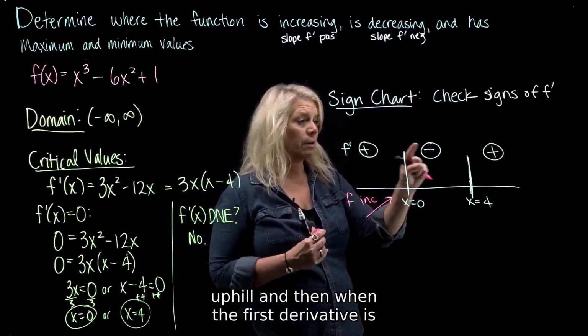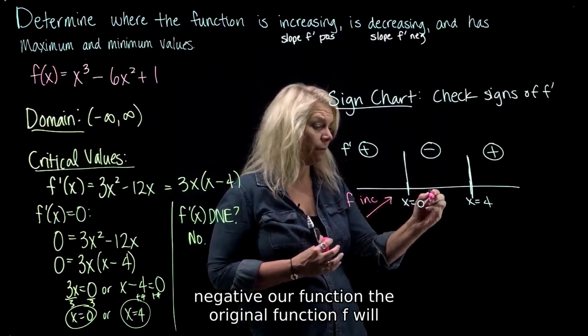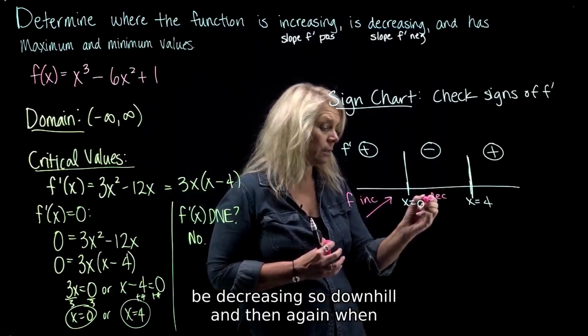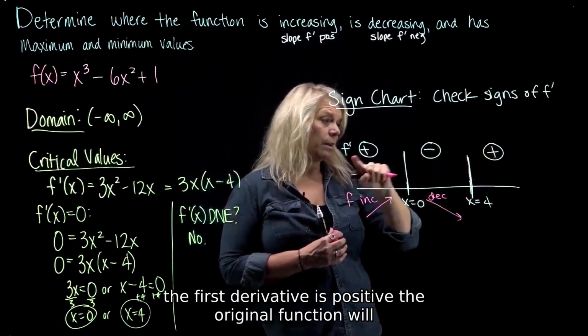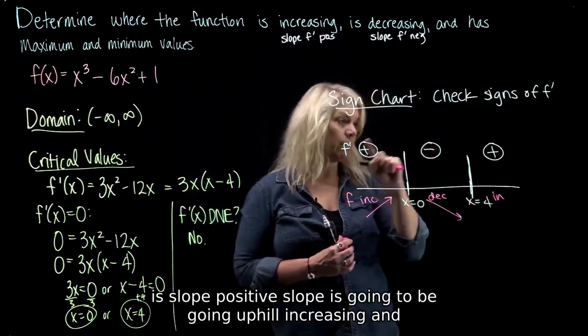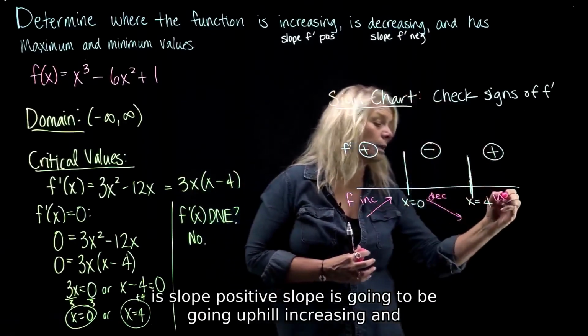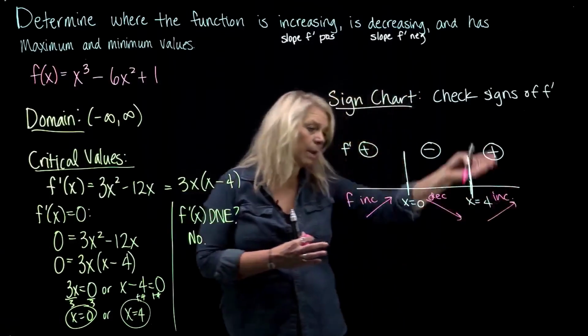And then when the first derivative is negative, the original function f will be decreasing, so downhill. And then again, when the first derivative is positive, the original function will be increasing. Remember, derivative is slope. Positive slope is going to be going uphill, increasing. And so that looks like this, right, going uphill.